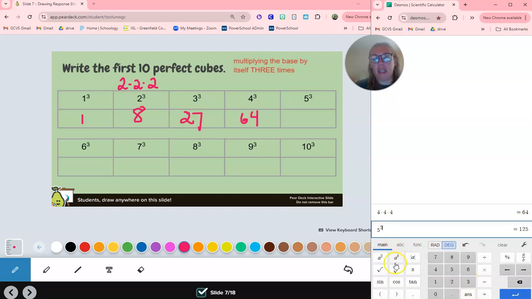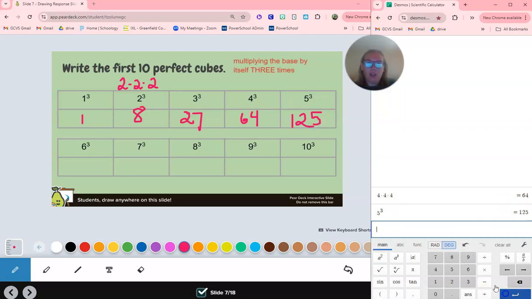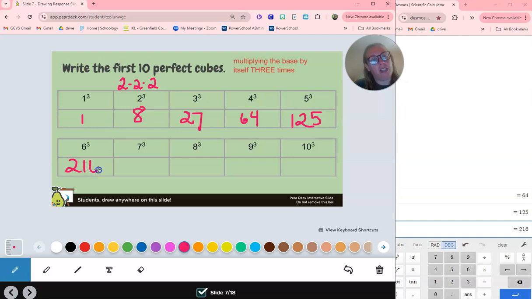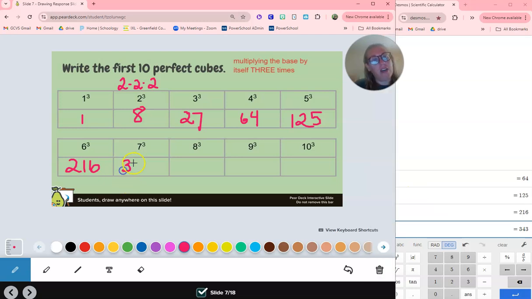Instead of just hitting the squaring button, next to it there's an A to the B button, and you can type exponents, and I made that exponent a 3 because I was cubing it. You can also hold down Shift and hit 6 to type an exponent. So 6 cubed gets us 216. I definitely recommend practicing typing these into your calculator, making sure that you feel nice and comfortable with it.